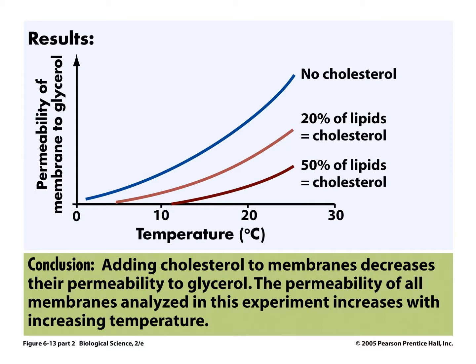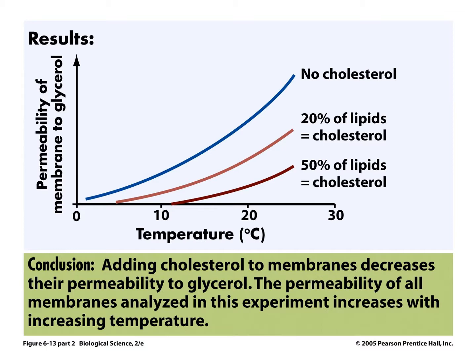Here's just an interesting graph showing on the x-axis temperature going from 0 degrees freezing all the way up to 30. Ours is at 37. And then there's a permeability of glycerol. So you're measuring the amount of glycerol outside versus inside different membranes.